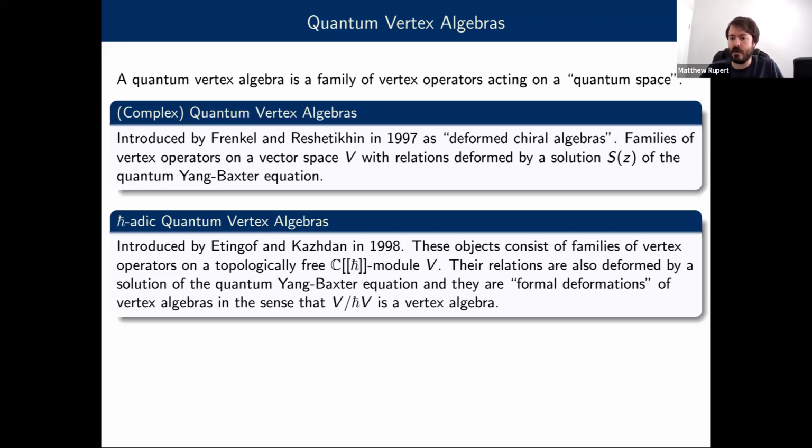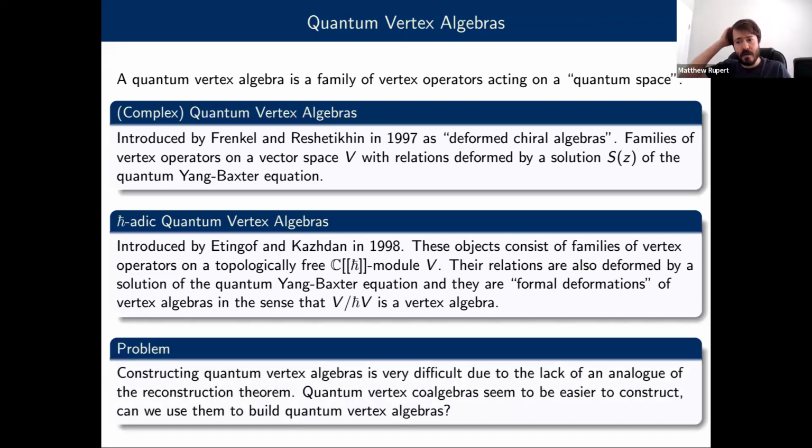Their relations are also deformed by a solution of the quantum Yang-Baxter equation. But more than that, you can think about them as formal deformations of vertex algebras, in the sense that if you quotient out by h bar V, you get a true vertex algebra. So this is mirroring the deformation theory for Hopf algebras.